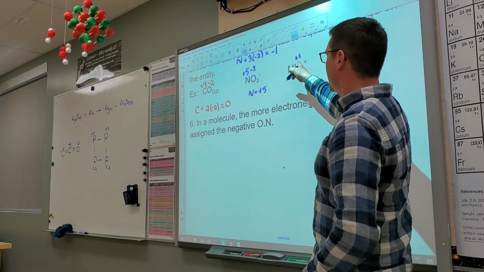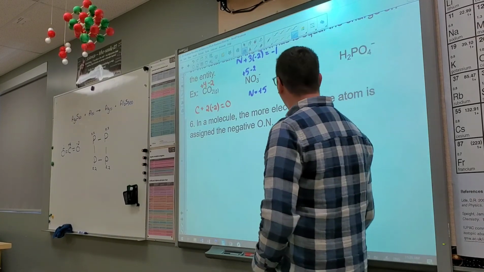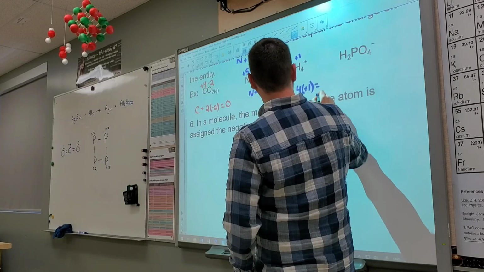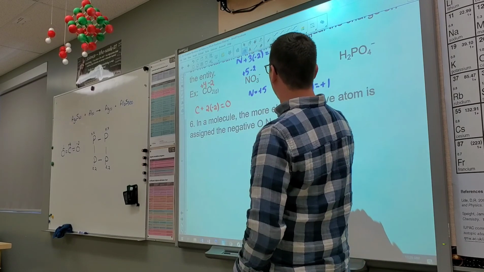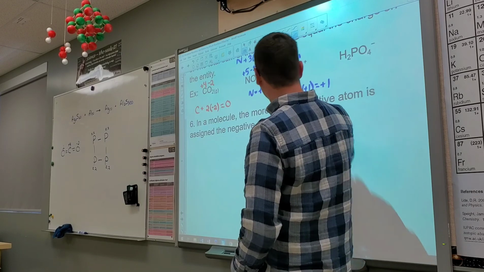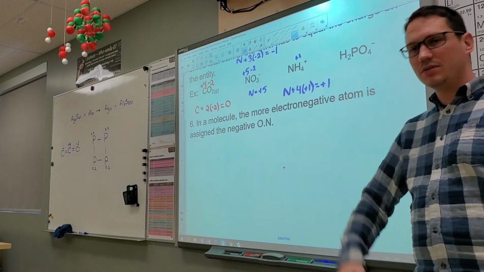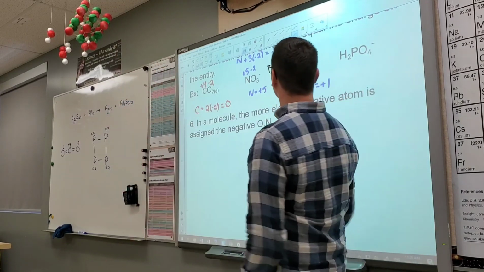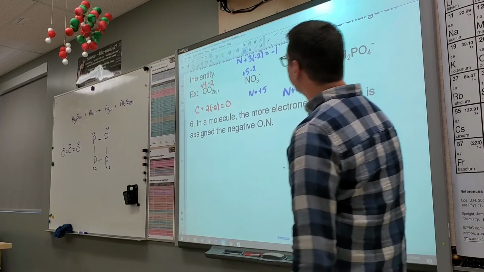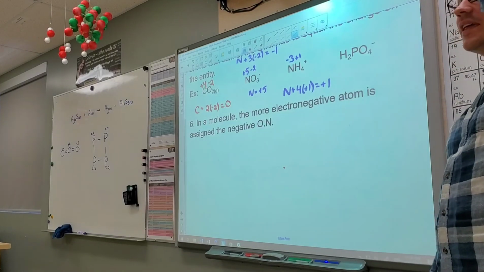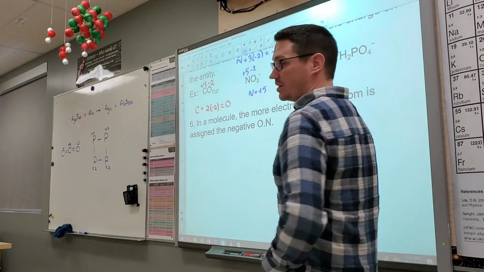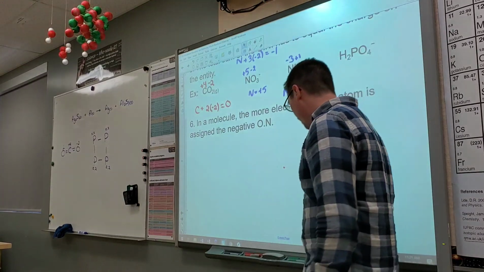How many hydrogens are here? 4 of them. So we've got 4 +1s, and it has to equal +1. What does the nitrogen have to be in order to cancel out most of this positive? Has to be -3. Good. Hopefully that makes sense. You're just trying to figure out what that mystery charge is. Okay? All right. Perfect. No problem.